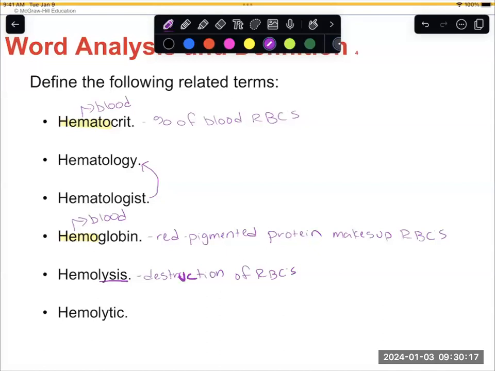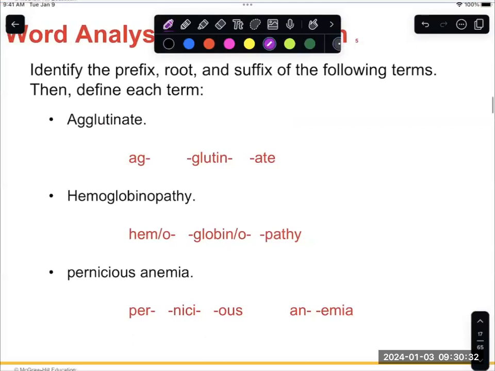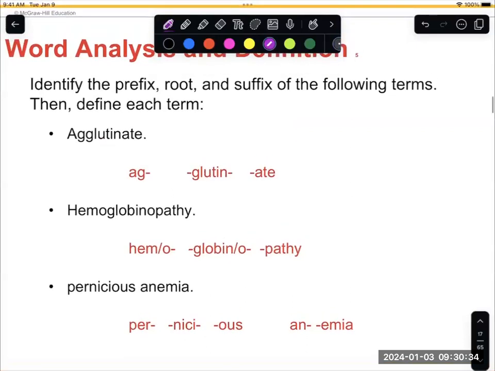And hemolytic actually pertains to hemolysis. So here we have prefix, root, and suffix. Our prefix for agglutinate is ag.